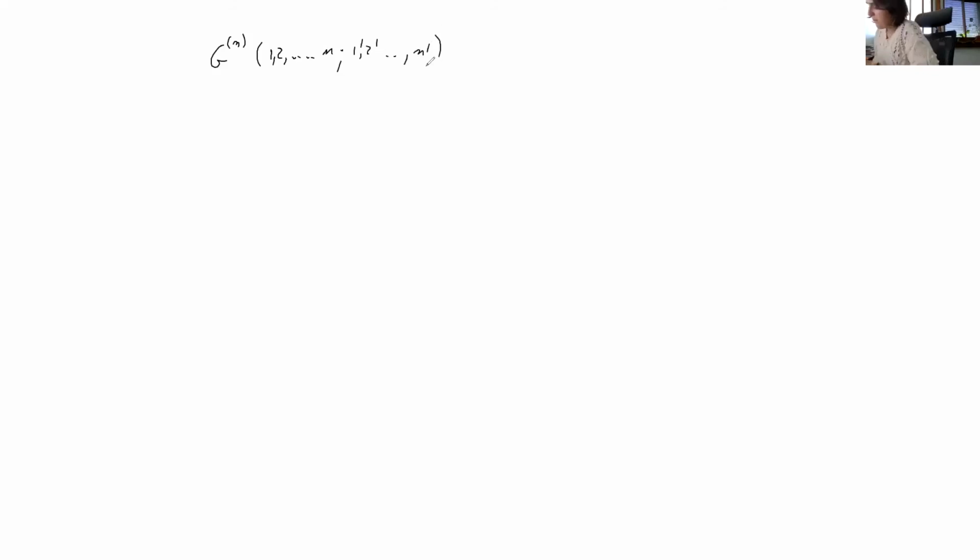N prime, okay, and this is defined in this way: the expectation value of some field operators. I will explain in a moment what all these are.